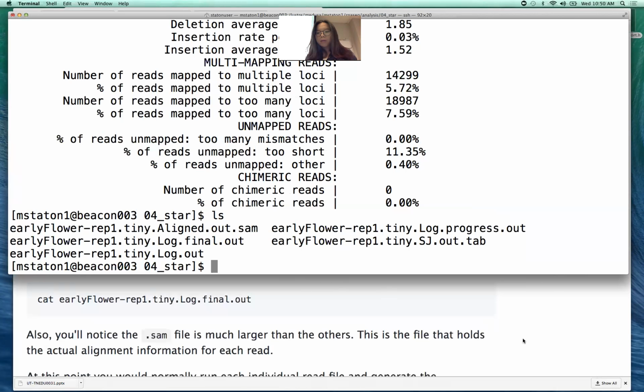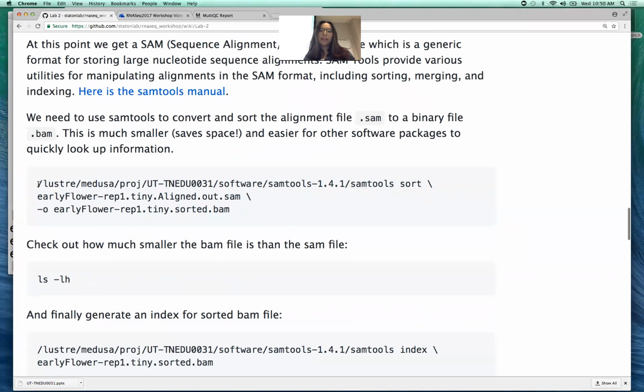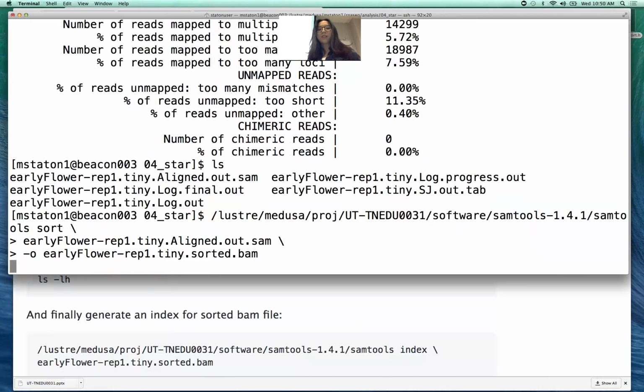So still in our page, copy this command. Let's put it in the terminal, let it run. So it's converting SAM to a BAM, and we call this a sorted BAM because it will sort the alignments in genome order.